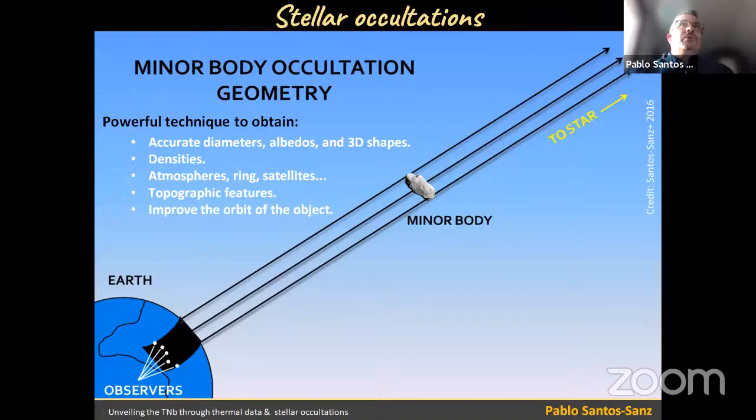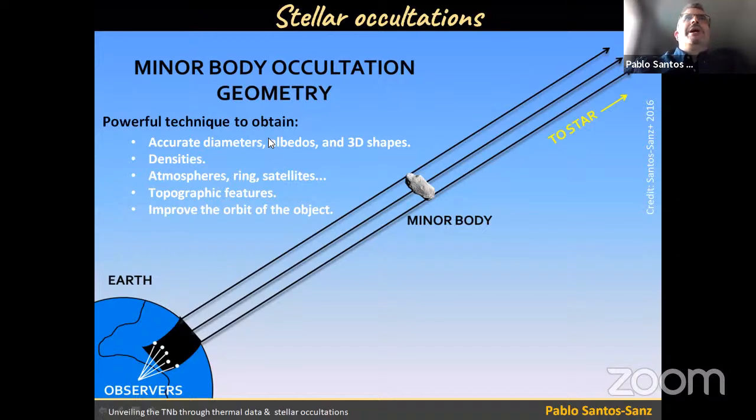I move to the other technique, which I won't talk about this afternoon: the stellar occultation technique. I know that many people working on stellar occultations are connected here. But for people who don't know, the stellar occultation technique is a really powerful technique. The really difficult thing is predicting when one of these objects passes in front of a star.